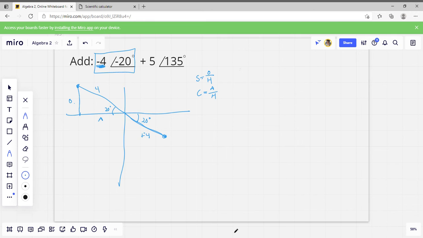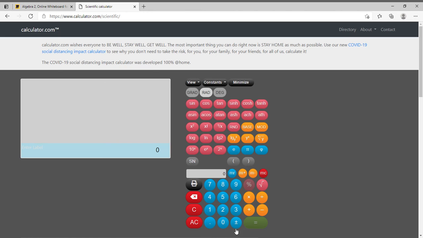Our hypotenuse is 4, so the sine of 20 degrees equals opposite over 4, so times 4 times 4. So we need the sine of 20 degrees times 4. So we're just going to say 20 sine times 4, and we get 3.65.